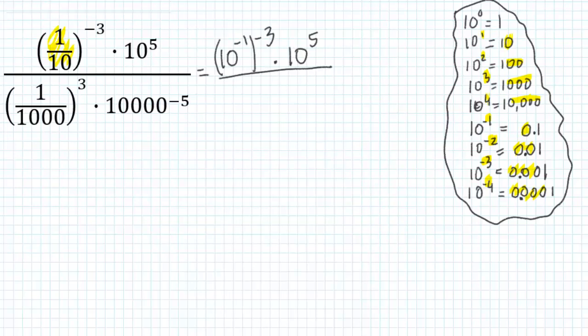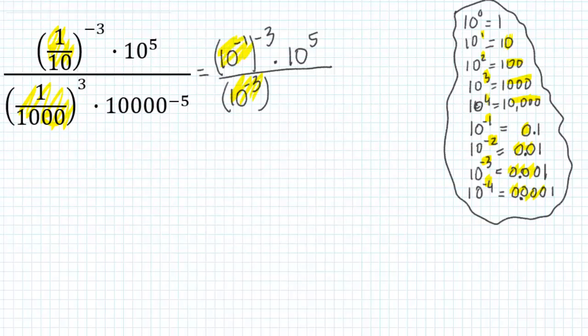In the bottom we have 1/1000, so that would be 10 to the negative third. We have 3 zeros, so that's 1000th. So this here is this, and 1/10 is this.